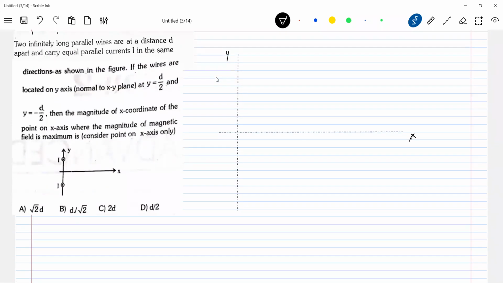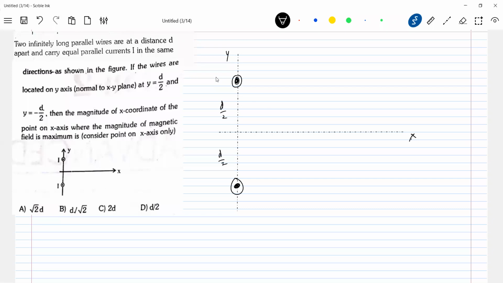Now there is one wire here. Both carry current in the same direction. So another wire. D by 2, D by 2.